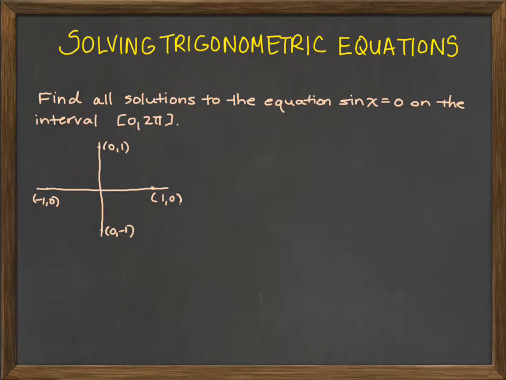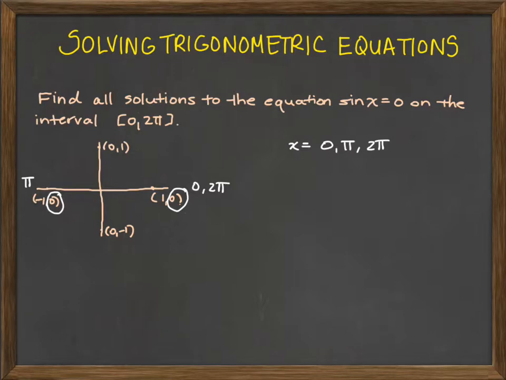So that's going to be here, we have the sine of x is 0, and also here. And so these angles, this is going to be 0 or 2 pi, and this is going to be pi. So the solution to this particular question is going to be x equals 0, pi, and 2 pi, because these are all the possible solutions in our specific interval.